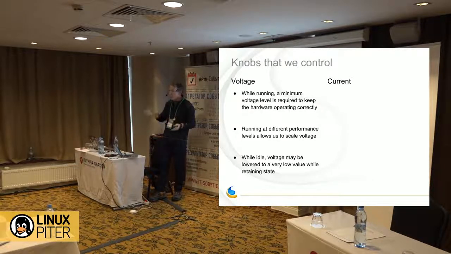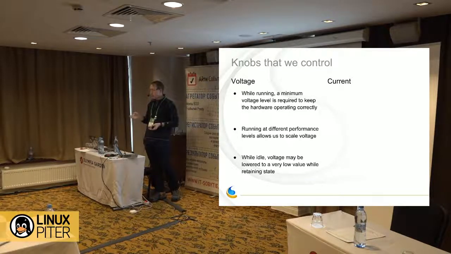So for active power savings, we slide this value when we want to run fast and have high performance, where we have to increase clock frequency and we have to increase voltage at the same time at the high end. If we want to save a little power and run slower because we don't need that performance, we scale voltage down along with clock frequency. For idle power savings, we can also scale voltage.